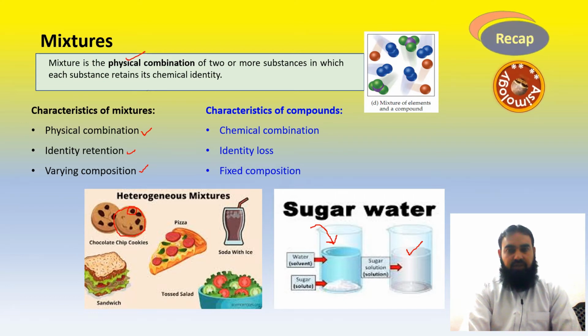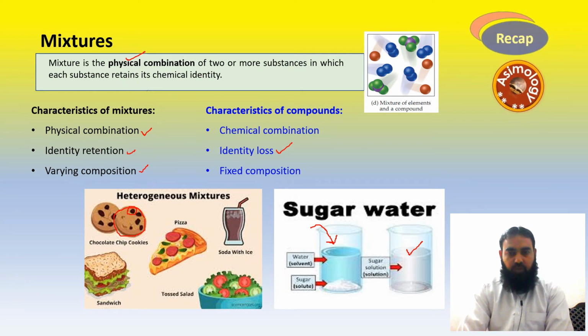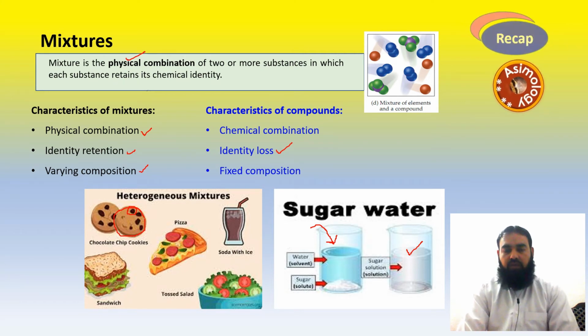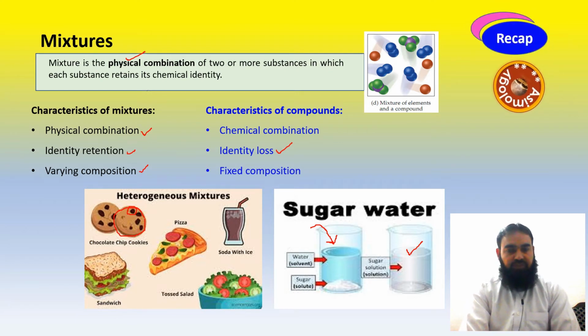And as there is a chemical bond involved, each component loses its identity and it forms a new compound. So compound is a new substance which has none of the properties of the constituent components or elements, while mixture is the physical combination of the substances, so each component retains its identity.